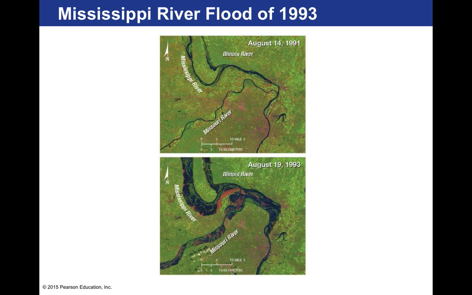So you can see in 1991, this was the original size and width of the river. And then in the next 2 years, we had an increased amount of weather in that region, so a lot more moisture precipitated from the atmosphere. And you can see that the width of the river increases dramatically in that region when you have a flood.